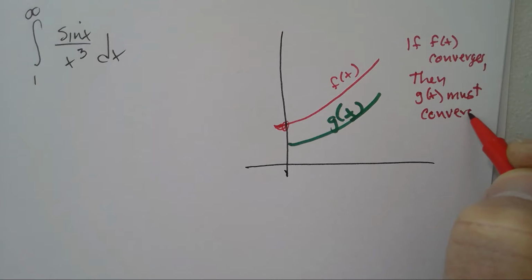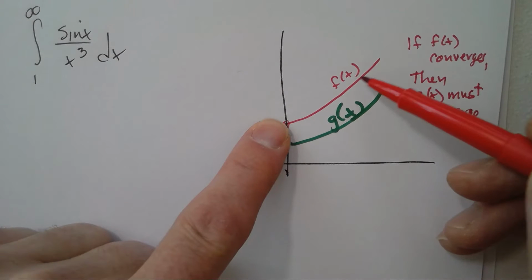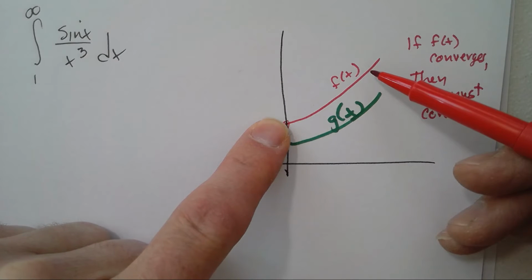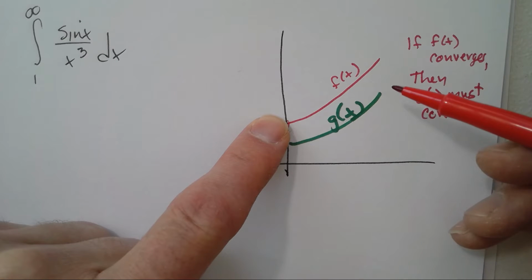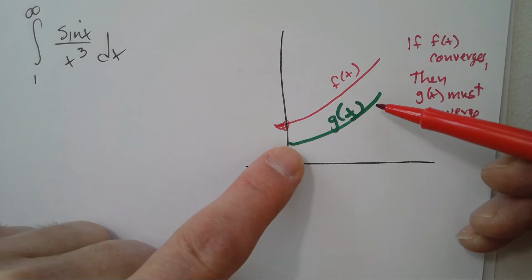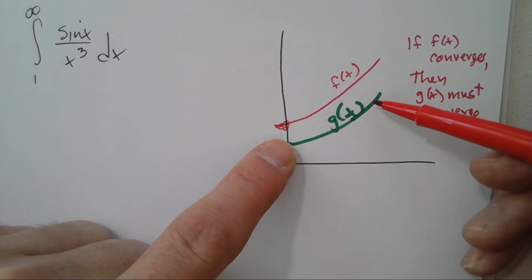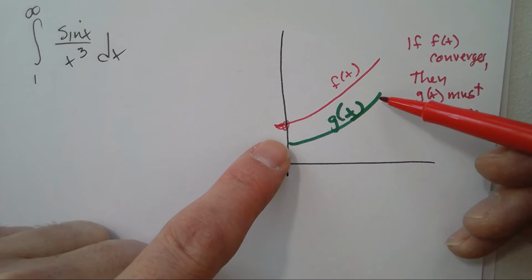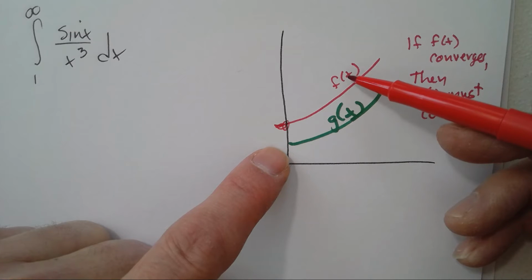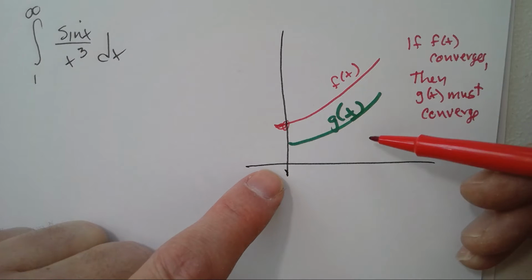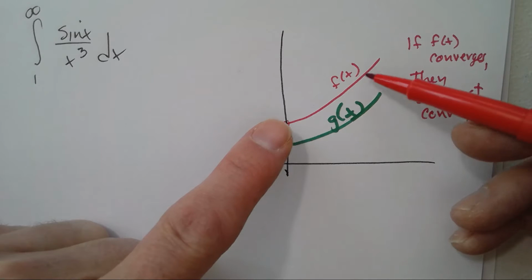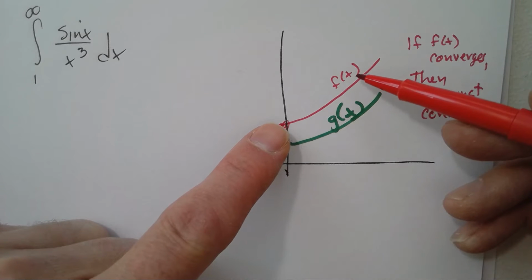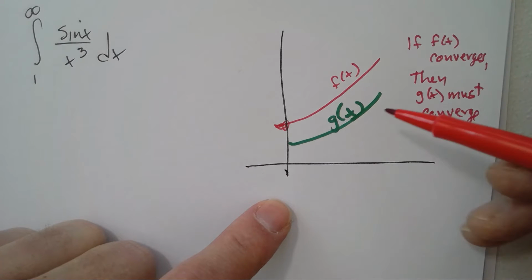So if I know that some integral above it is going to converge, that means we can figure out what the number is. Then certainly a function, as long as it's always below f of x, also is going to come up with a number, because it's going to be smaller than that one, and this one does get a number, not infinity, so this one would be convergent also.